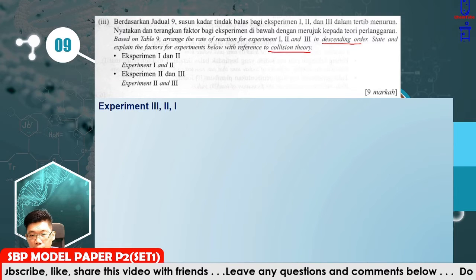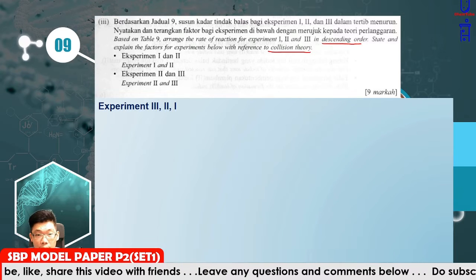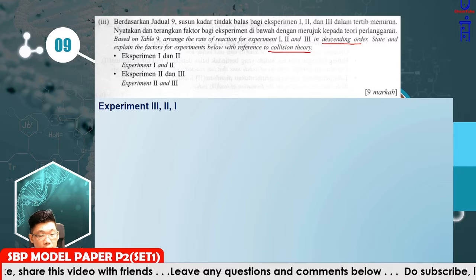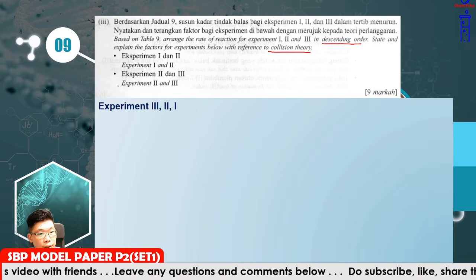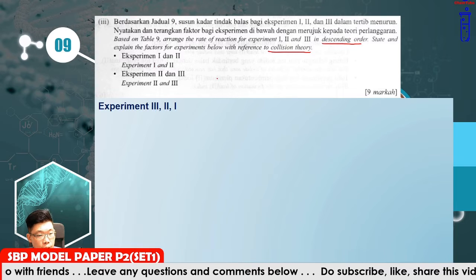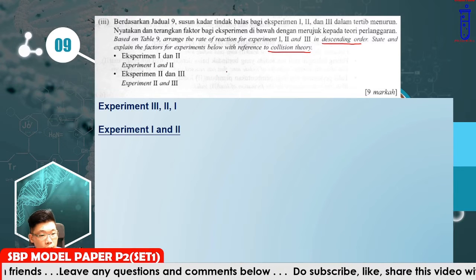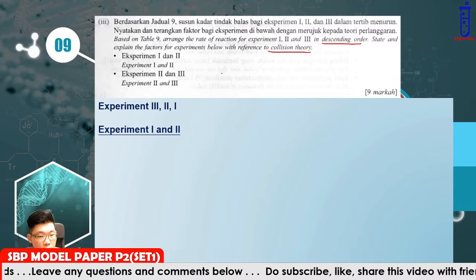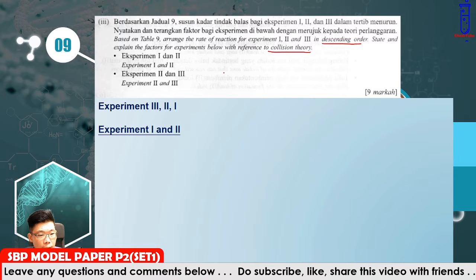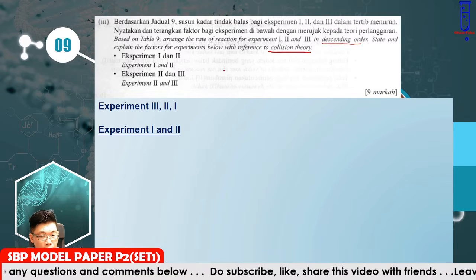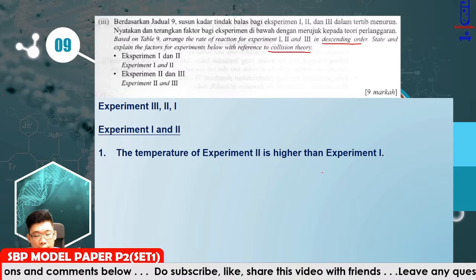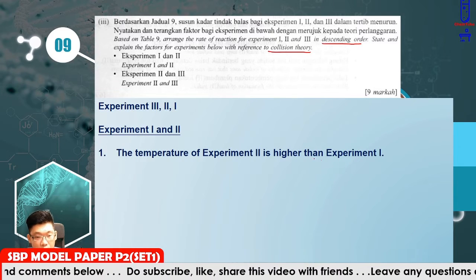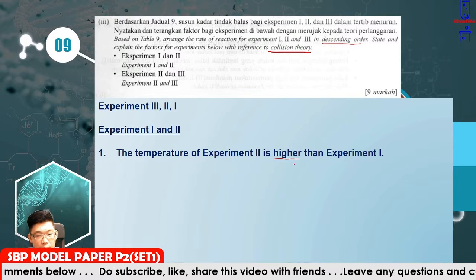So you have to know how to explain the factor affecting the rate of reaction using the collision theory. So first you need to compare set 1 and set 2. Set 1 and set 2, just now we discussed already, because of the temperature, right? So first point, temperature of experiment 2 is higher than experiment 1. So you have to use the comparison word.